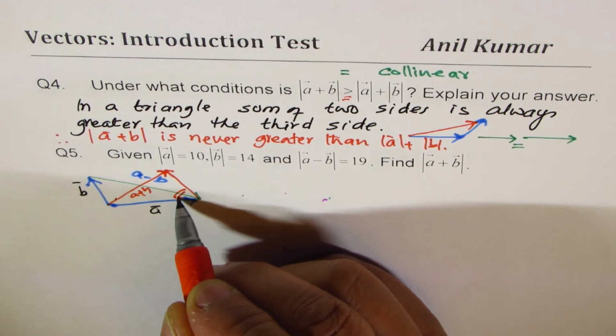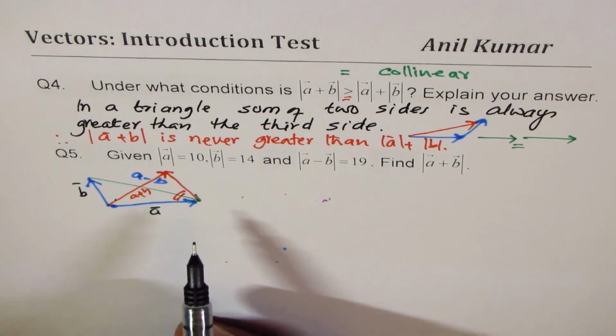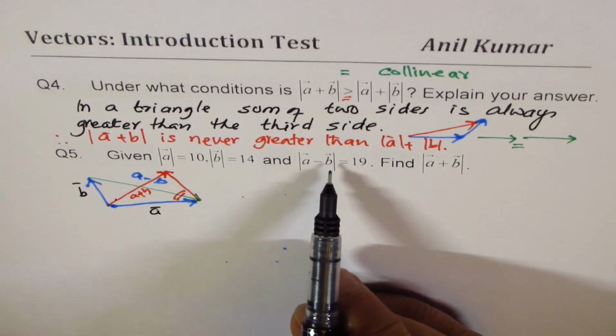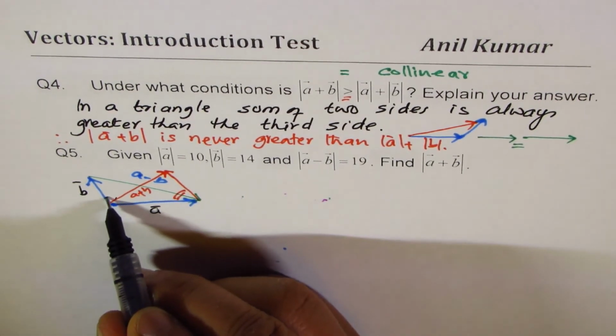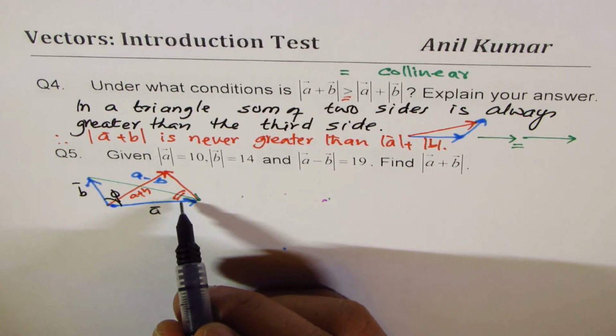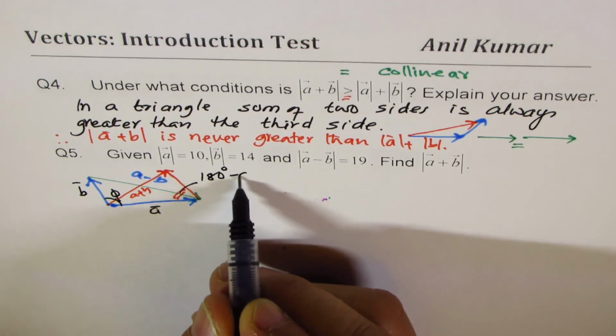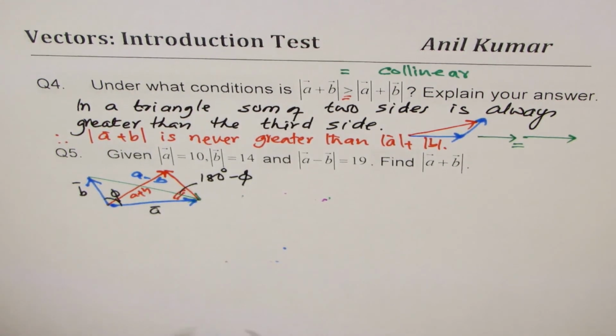So we have to find that angle for a plus b. Is it okay? So this is what you need to understand very clearly. So given a minus b, we can find the angle. Let's call this angle phi, and then we will take the angle as 180 degrees minus phi to find a plus b. I hope the strategy is clear, right?